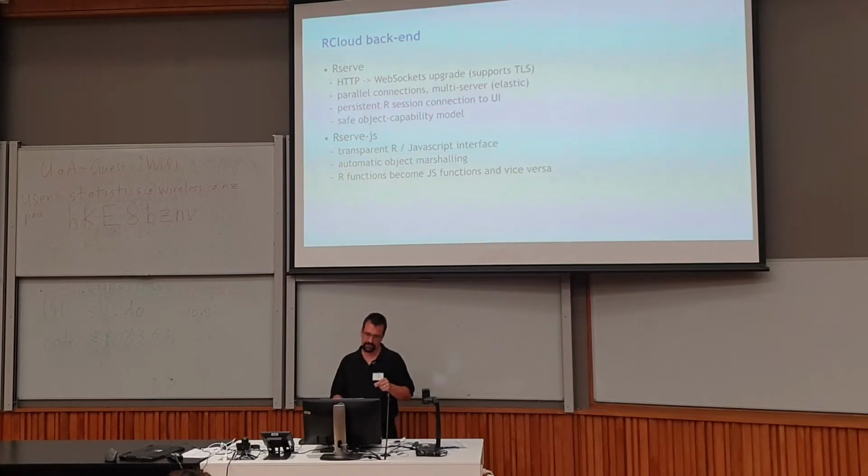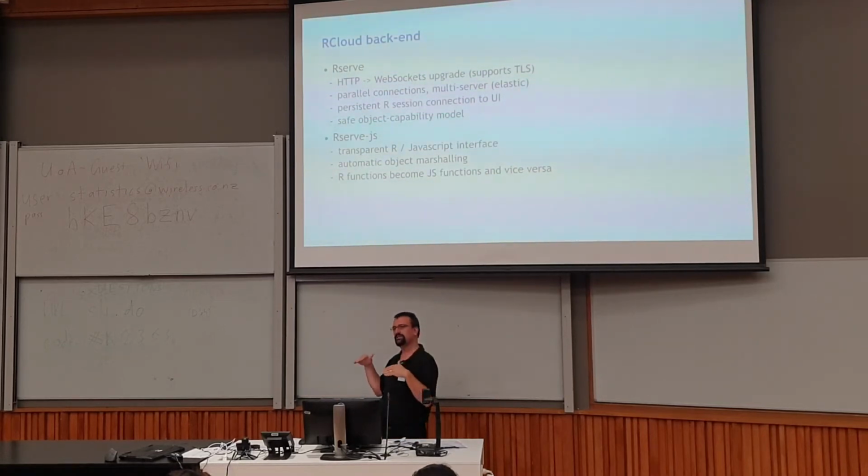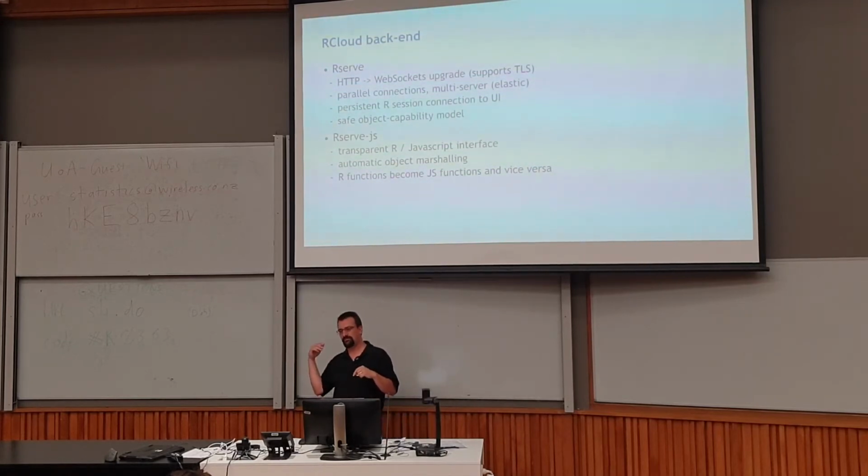And one of the really cool things, I think, where R Cloud is unique compared to many of the other solutions, like Jupyter or RStudio, is that we have essentially a transparent R and JavaScript interface. So pretty much any JavaScript function can be exposed as an R function and vice versa. It even allows recursion in the sense that you can pass an R function to JavaScript and JavaScript will run it, and vice versa. You can pass a JavaScript function to R and R can run it.